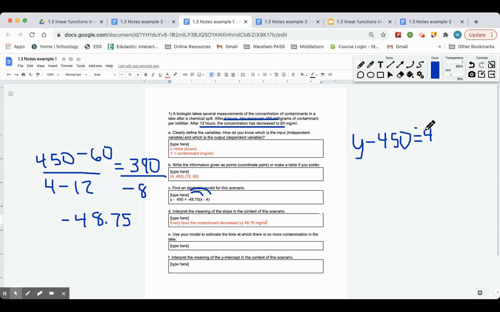So I have negative 48.75x, and then we want to multiply negative 48.75 times a negative 4, which makes it positive because two negatives make a positive, and that is 195.